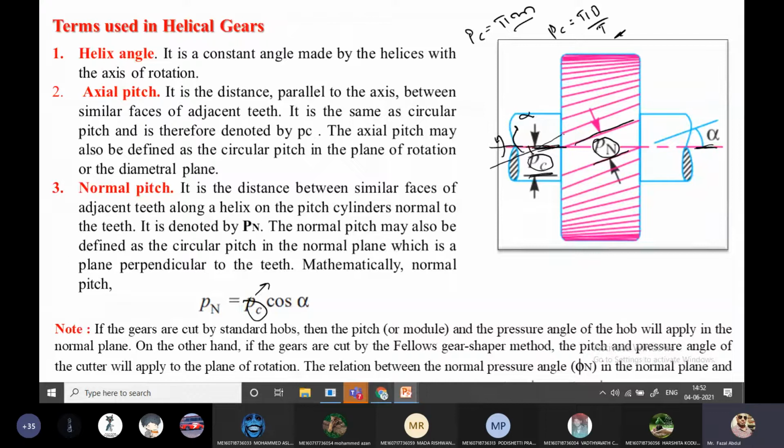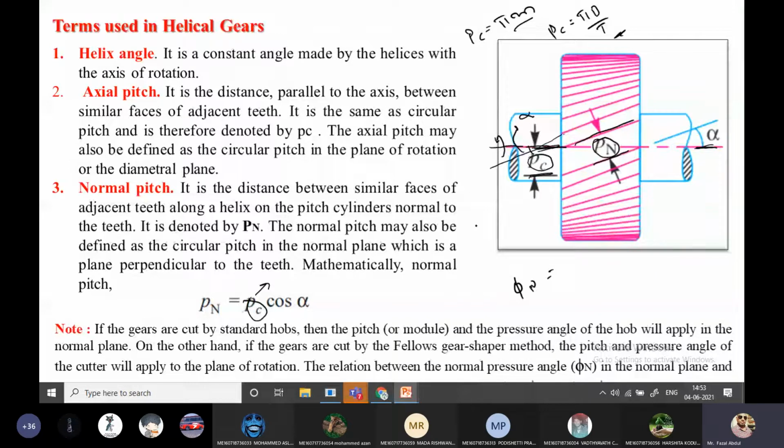Now in the previous spur gear we studied the pressure angle. Pressure angle is nothing but the angle between the common normal and common tangent line. In the same manner here also a pressure angle is there, which we name the normal pressure angle phi n.